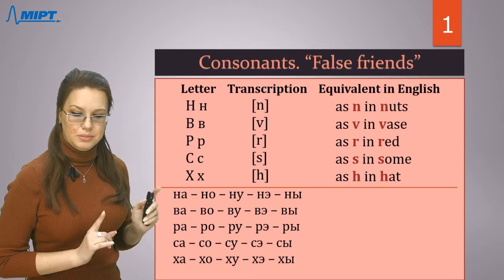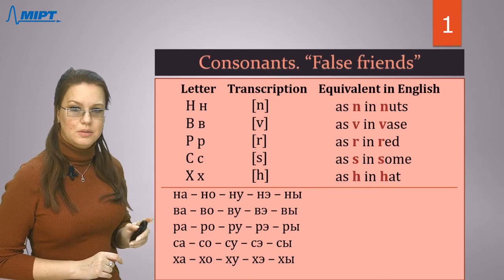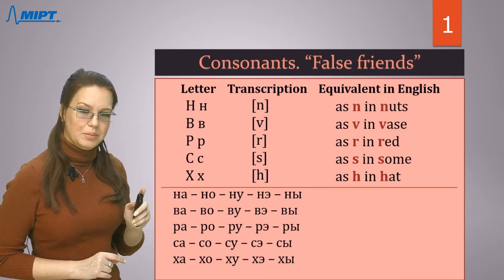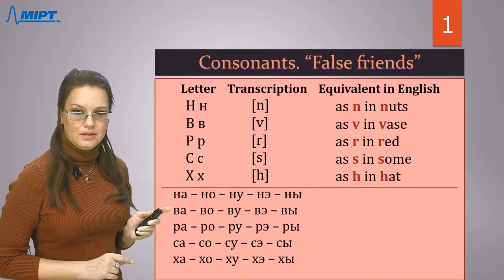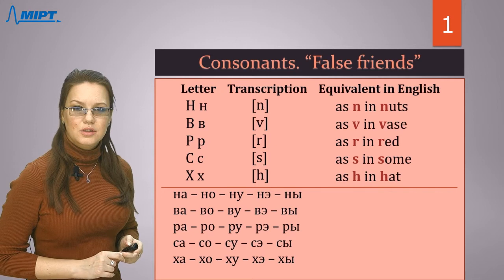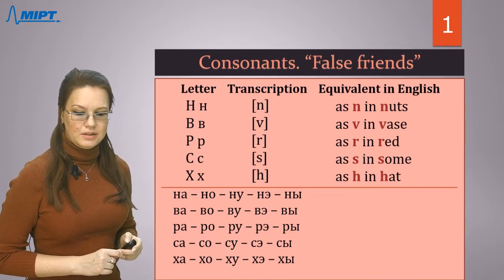First, we start with combinations of letters: our new consonants plus vowels. Let's try to read line by line. This line, let's read. Na, no, nu, ne, ni. Next line.